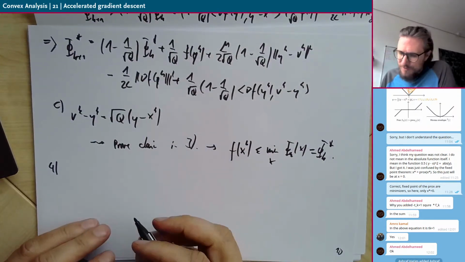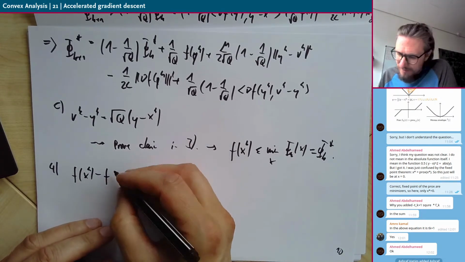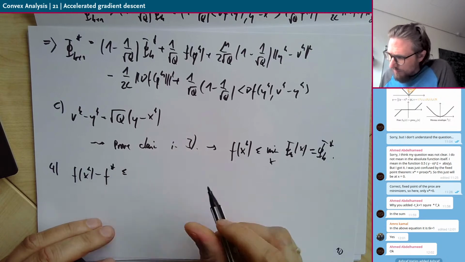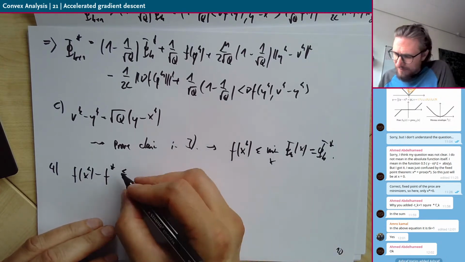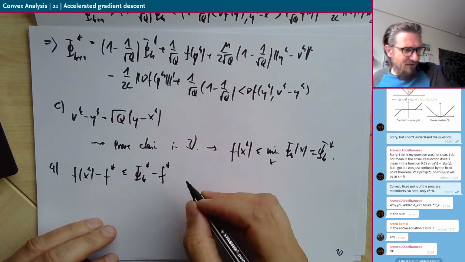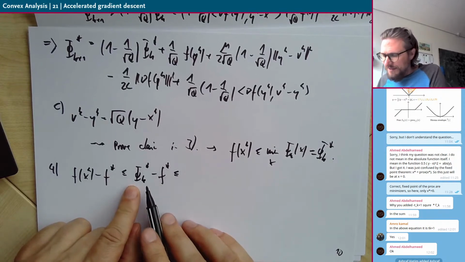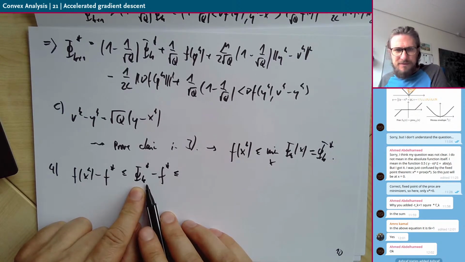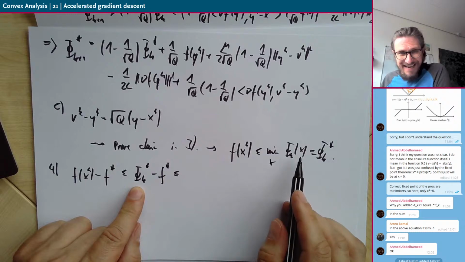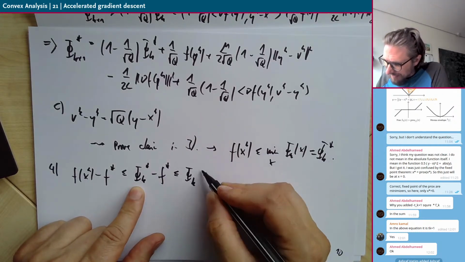And here we're going to show that f(x_k) minus f star, which is now by this here smaller than phi_k star minus f star. And now we use that this phi_k star is the minimum over phi, so we can plug any x in here. What we plug in here is x star.